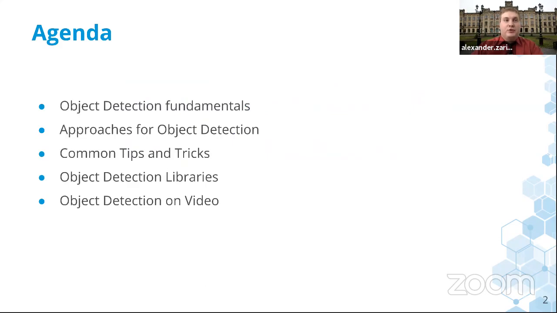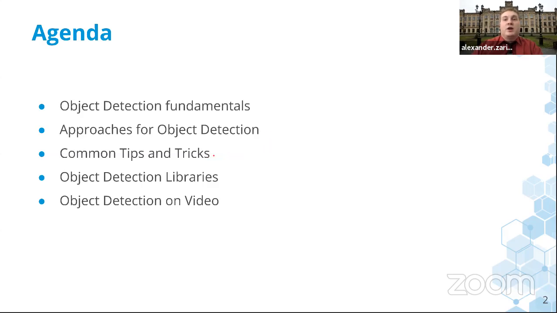Our agenda for today's lecture is the following. First of all, we will start from object detection fundamentals that are essential for understanding any publication on object detection. After that, we'll move to basic approaches for deep learning based object detection.